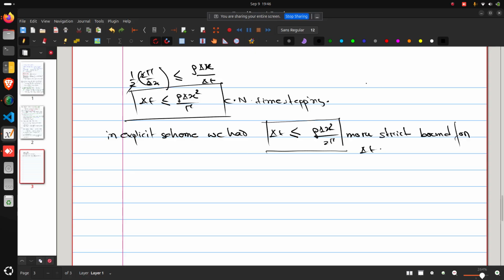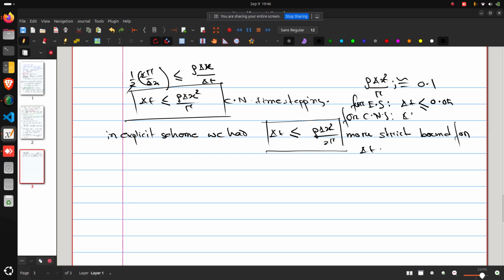For example, assume rho delta x square by gamma to be, say, 0.1. So for an explicit scheme, we should have delta t less than 0.05, right? Because this is divided by 2. And for a Crank-Nicolson scheme, we will have delta t less than or equal to 0.1.